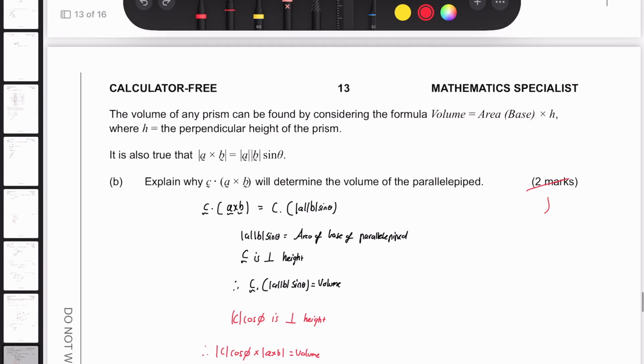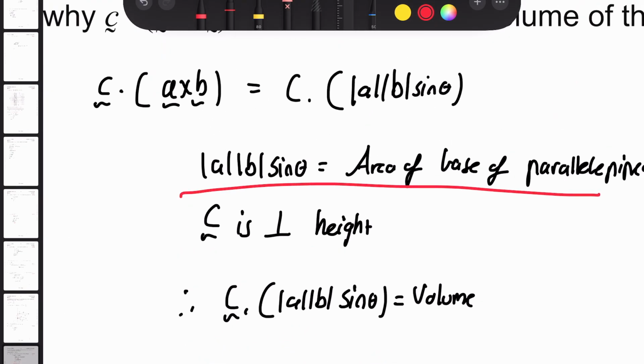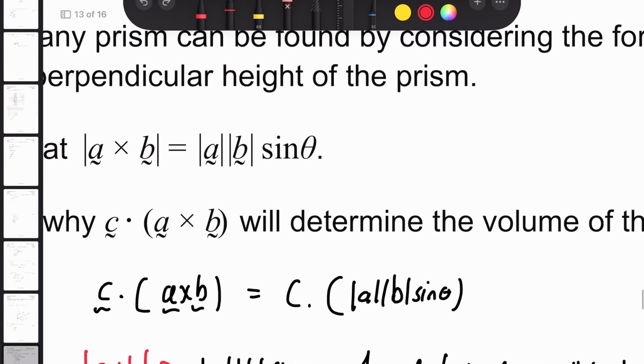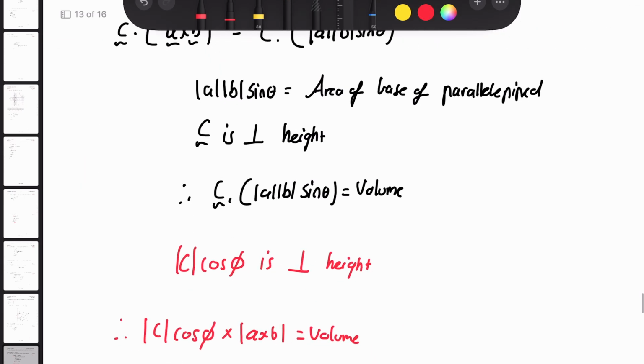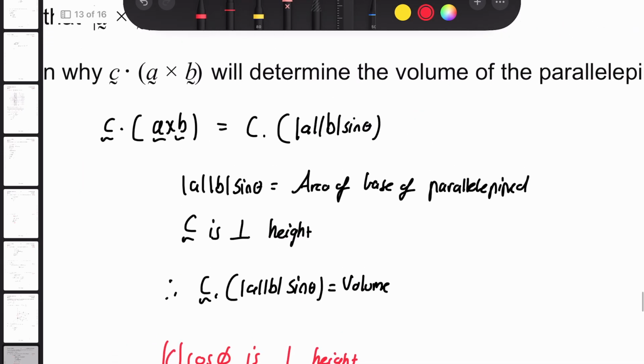Here I lost a mark because of my explanation of this, which I thought I would lose. This was fine, where I said it's the base of the parallelogram. I could have maybe said that a times b is equal to that, but that's already given, so you almost have to mark anyway. I thought this was very interesting.